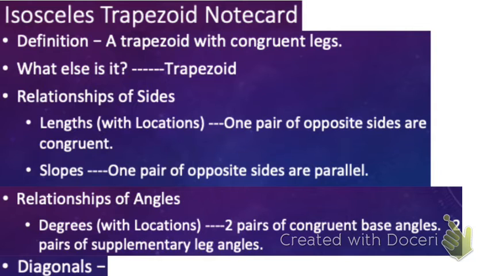The leg angles were angles touching the same leg, correct? So what would a pair of base angles be doing? Touching the same base. A pair of base angles will touch the same base. So two angles touching the same base in an isosceles trapezoid are congruent to each other.